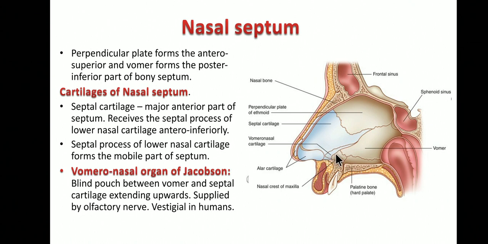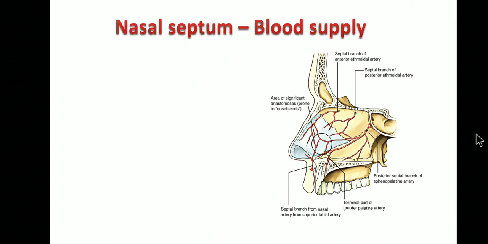There you see a blind pouch extending above, called the vomeronasal organ of Jacobson. This is supplied by the olfactory nerves. It is vestigial in humans but very well developed in macrosomatic animals, through which, by smell, they can detect whether any strange person is there.